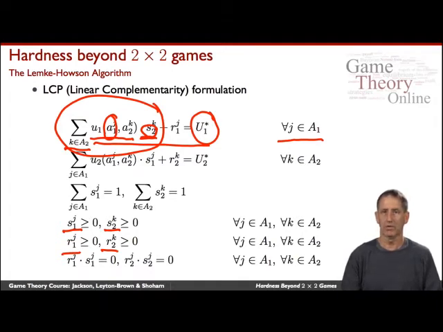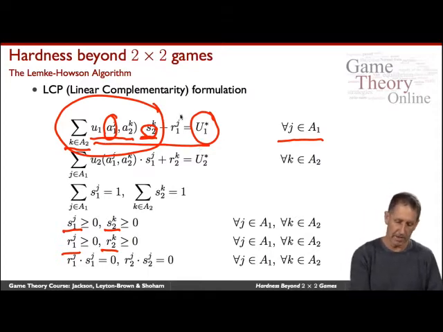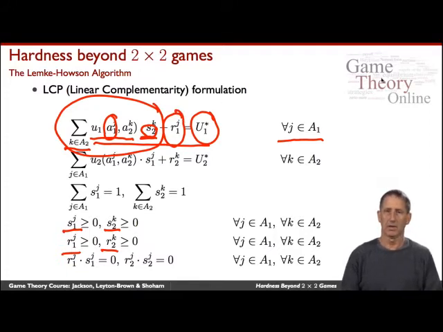So in general, the payoff for player 1 when they play AJ will be no greater than the best response, but in general be less. So we're going to add this slack variable, as it's called, that will say this is how much player 1 is missing relative to their best response when they're playing strategy J. Those are the slack variables.